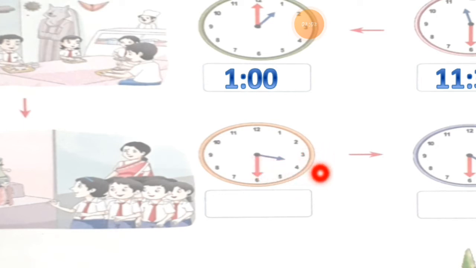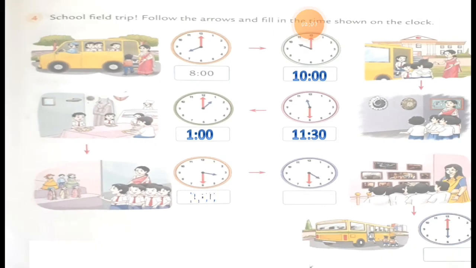You can see it is exactly pointing between 3 and 4. So here the time is 3:30. What time is it? It is 3:30. You can say in words, the time is 3:30.